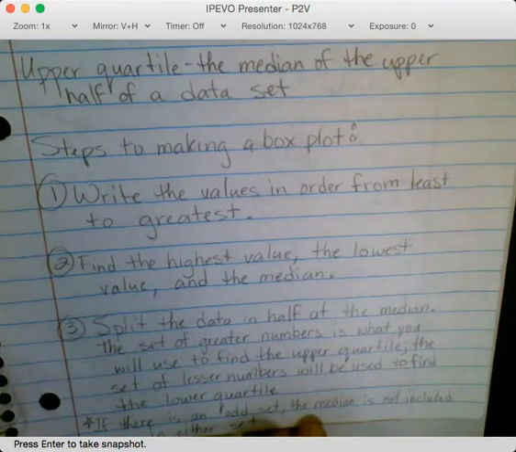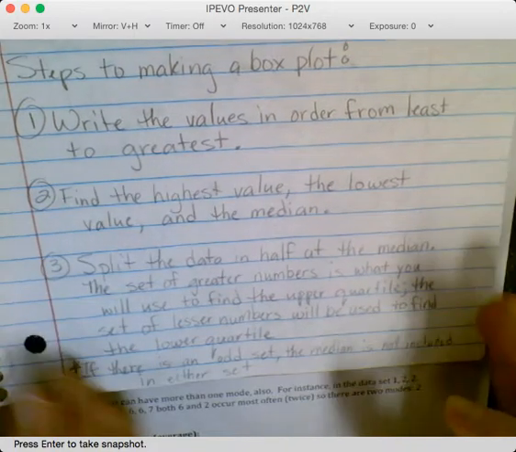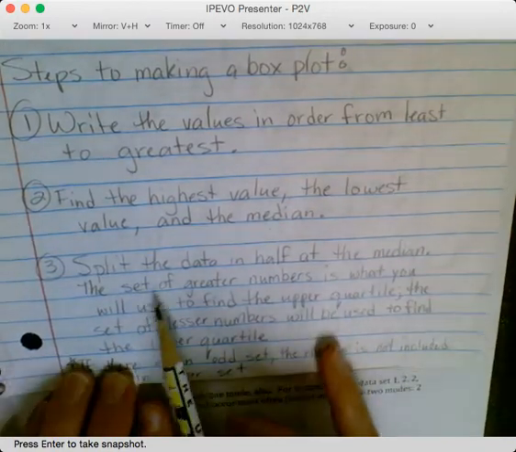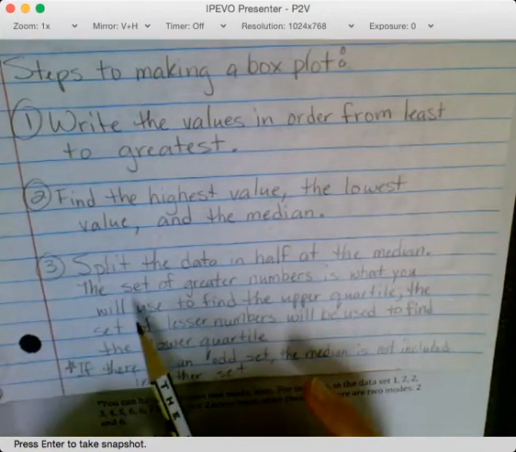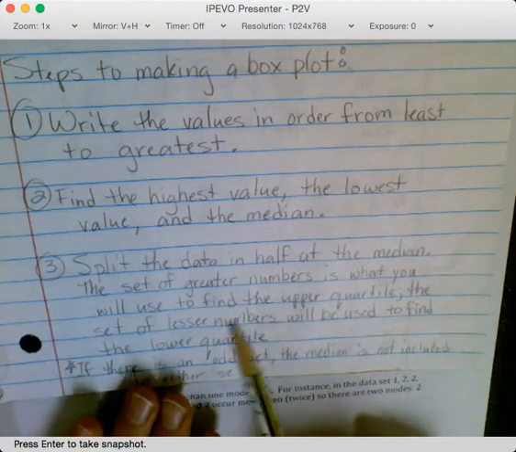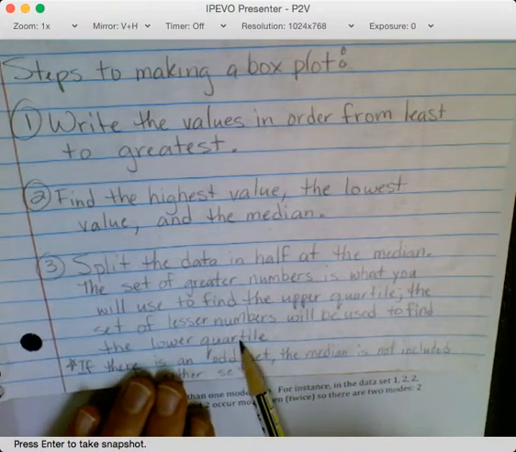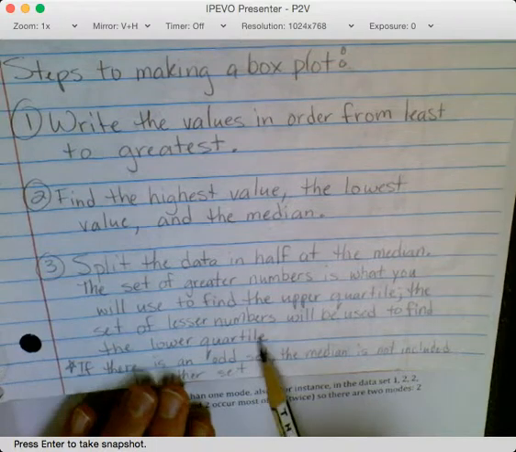Now the next step depends on the median, so you have to do the median first. So you split it in half at the median. The set of greater numbers is what you will use to find the upper quartile, and the set of lower numbers or lesser numbers will be used to find the lower quartile.